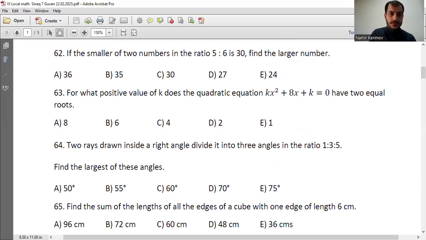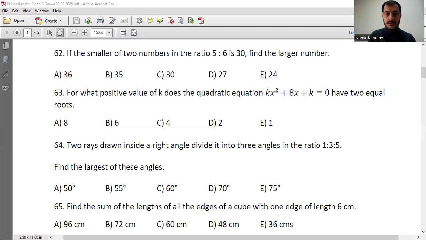If the smaller of two numbers is in the ratio 5 to 6, and the smaller number is 30. So we can just say 5 to 6 equals 30 to the larger number x. And then we can use cross multiplication, or we can just multiply by 6.